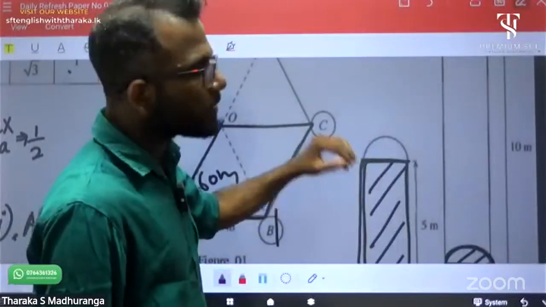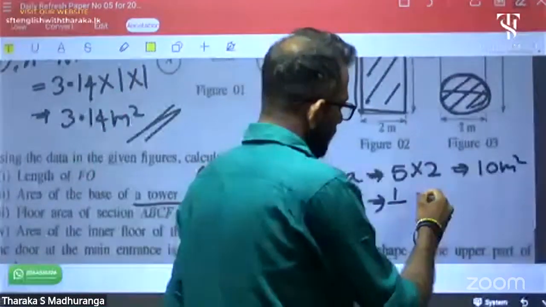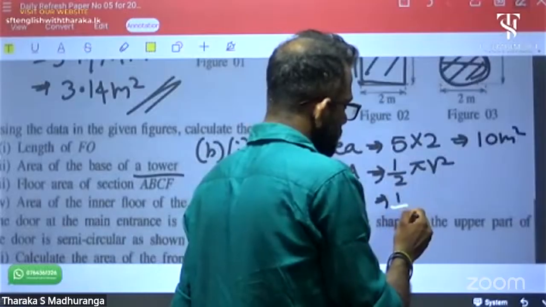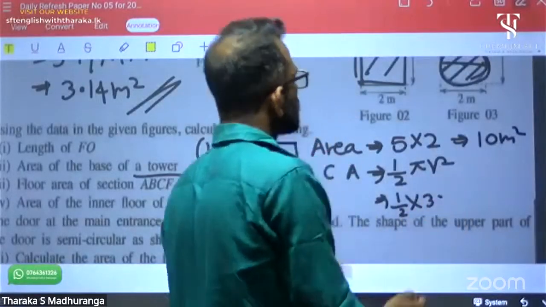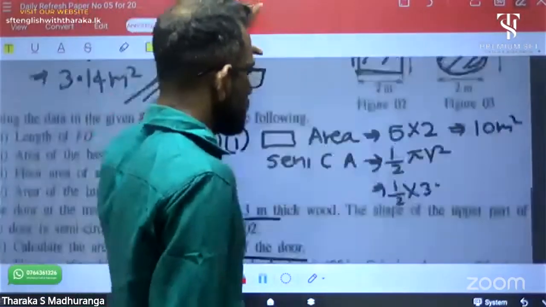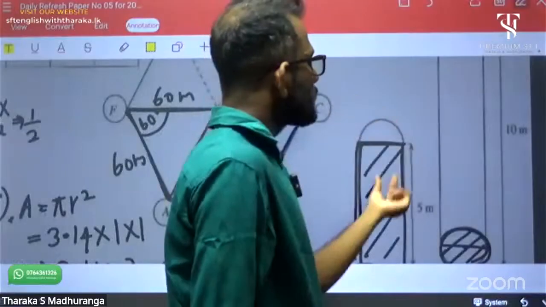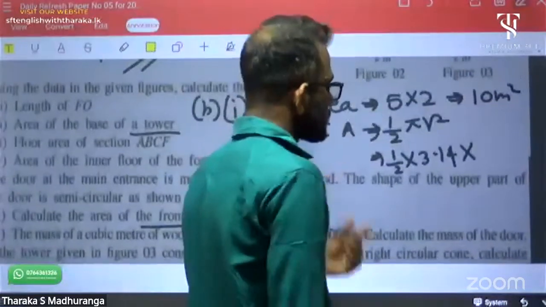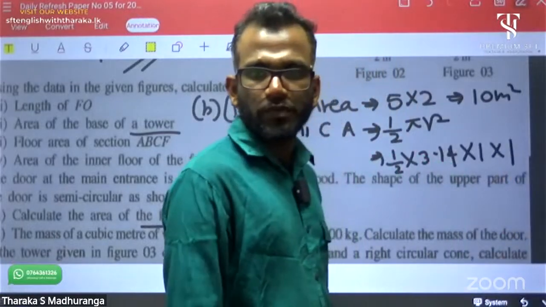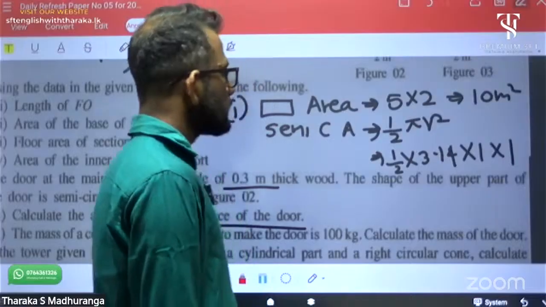Circle area divided by 2, half pi r squared. Pi value 3.14 r squared. The diameter is 2 meters, so radius 1, 1 into 1. 3.14 divided by 2.